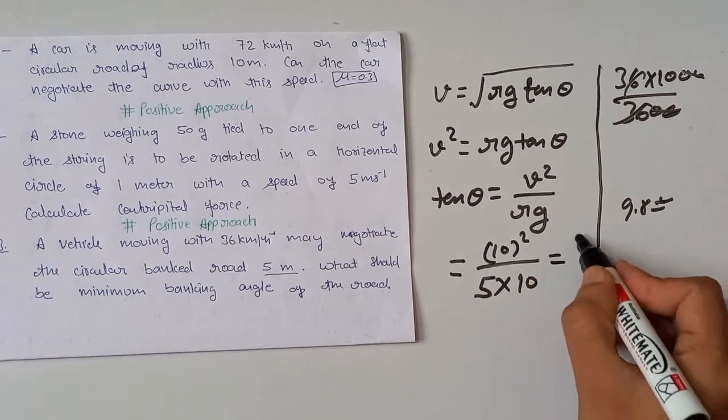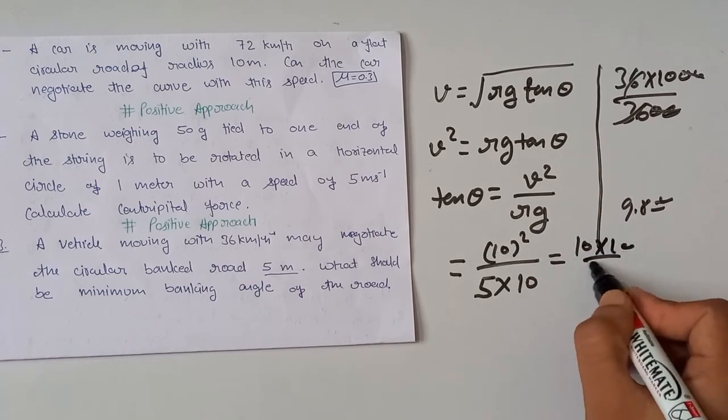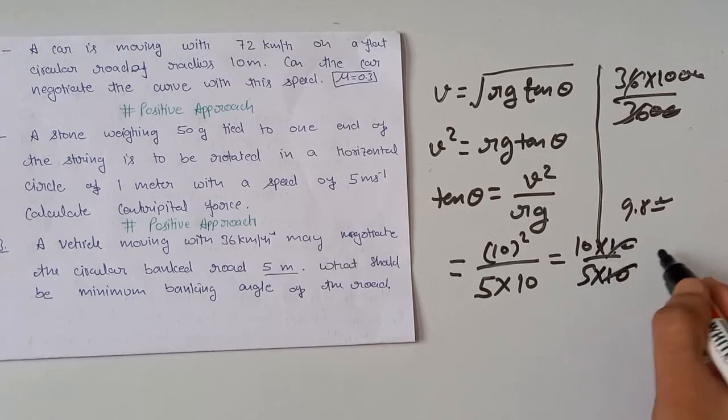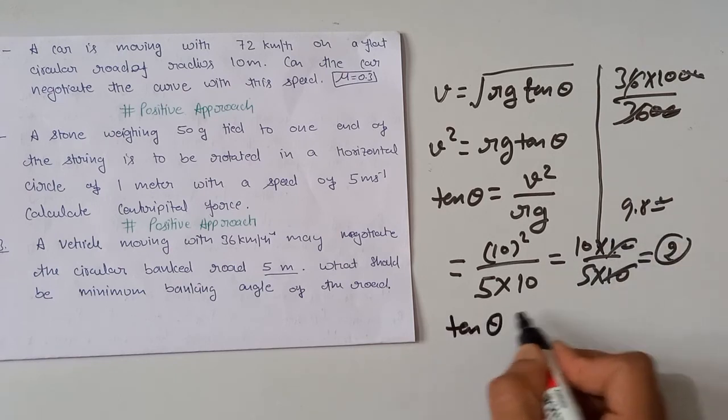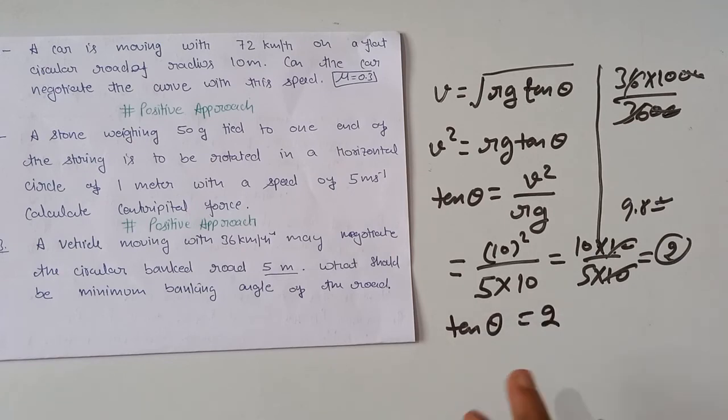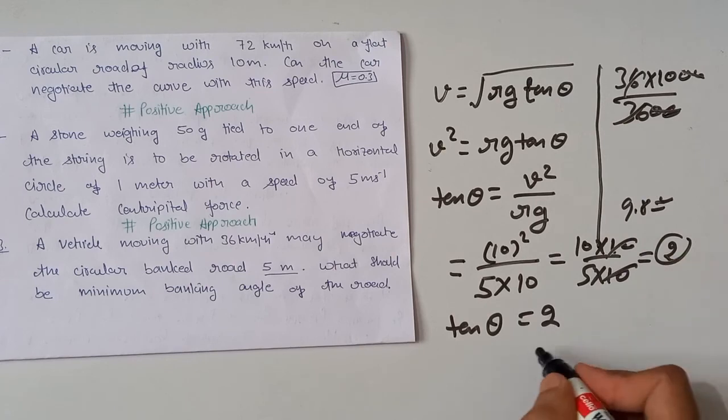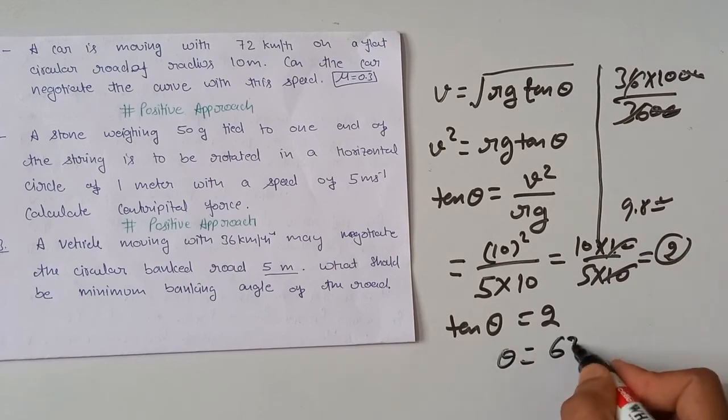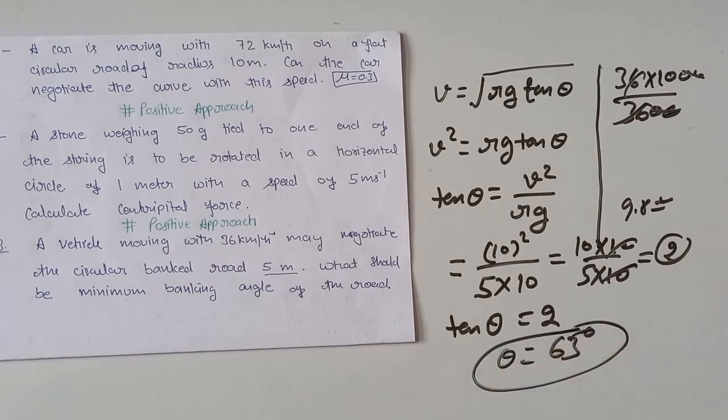Now this is equal to 10 into 10 divided by 5 into 10, which is 2. Here tangent of theta is equal to 2. Now you can calculate this theta by using the log table, and this theta is approximately equal to 63 degree. So the minimum banking angle of this road is theta equal to 63 degree.